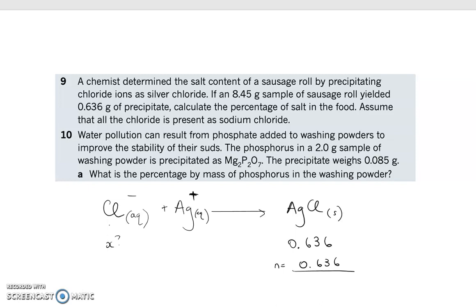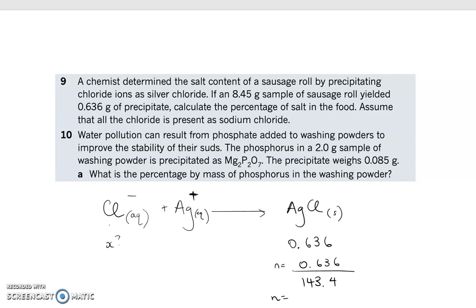So I'm going to divide the gram value of the silver chloride by its molar mass, which is going to be 35.5 plus silver, which has a molar mass of 107.9. So that is 143.4.